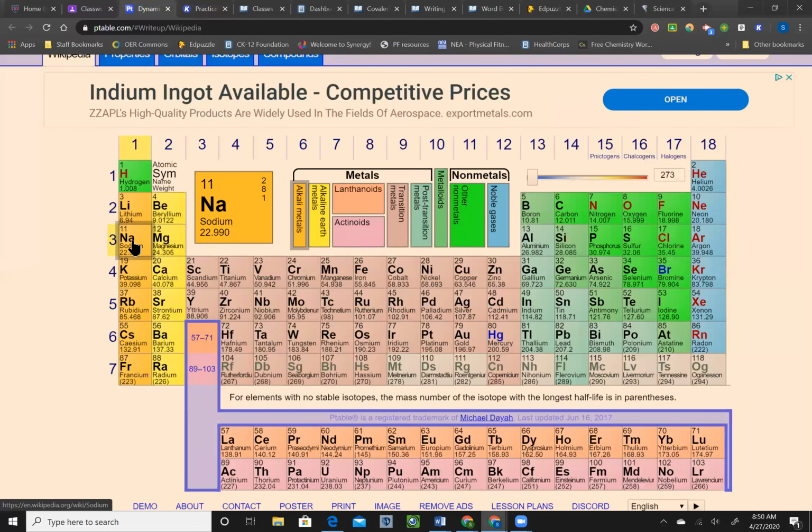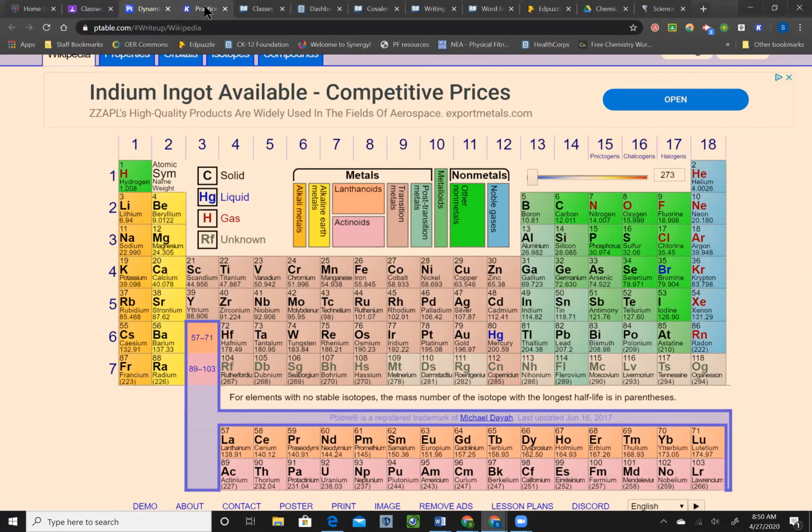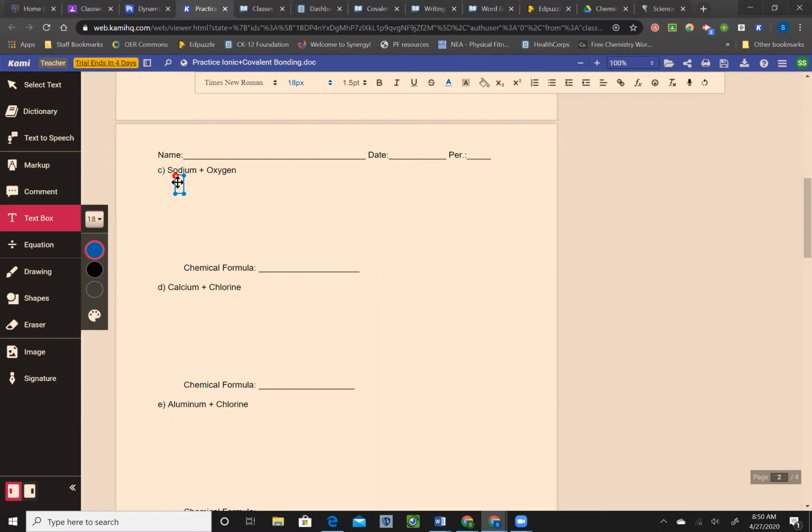And sodium has how many? 1. Ooh, that's not going to satisfy oxygen. So what's oxygen going to do? It's going to have to find another sodium to pull in that other electron. Let's see how that works out here. All right, so I'm going to try a text box here real quick. So we have sodium, and then we have oxygen.